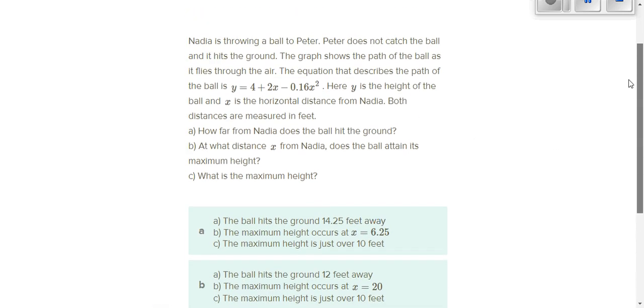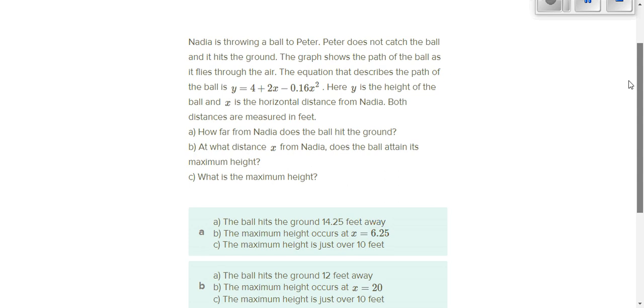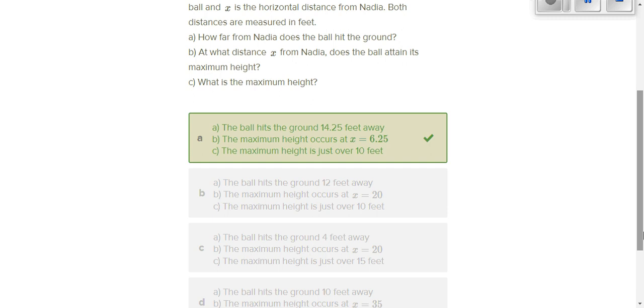Is that what they said? The path of the ball, where y is the height, and x is the horizontal distance from Nadia. So yeah, they're both feet. So 14.2 feet away, maximum height at 6.25 feet. Maximum height is just over 10 feet, like that.